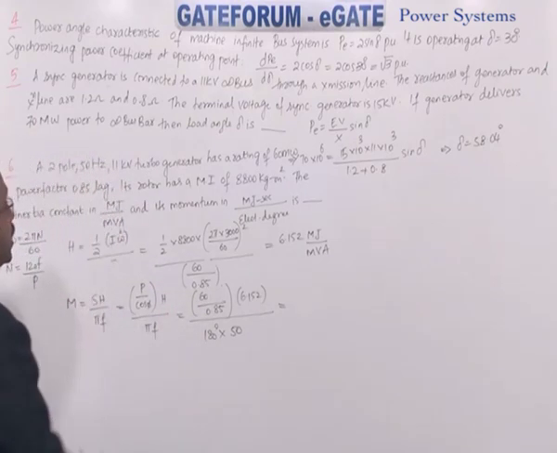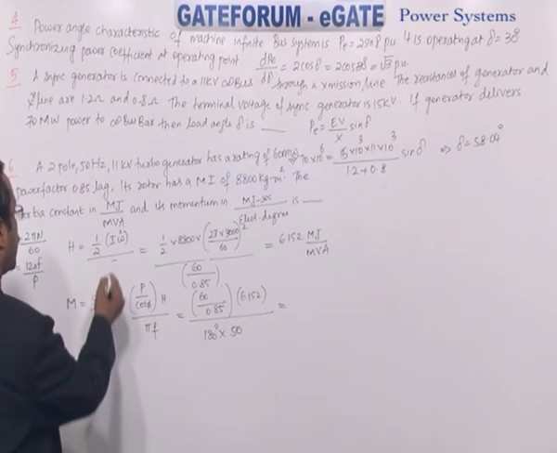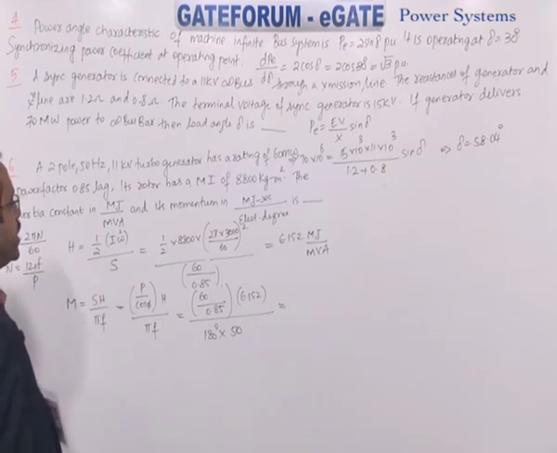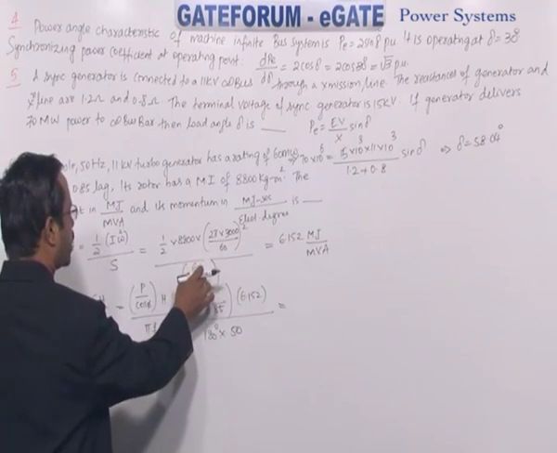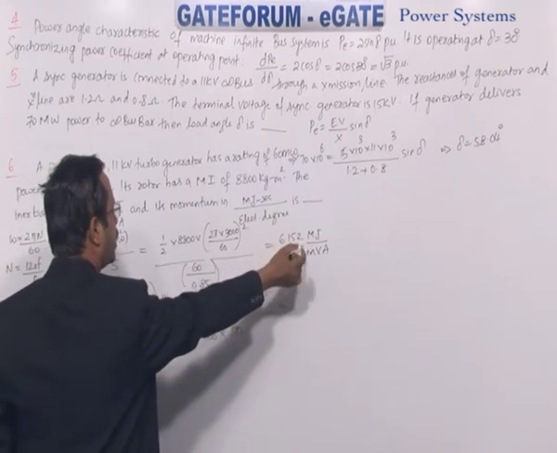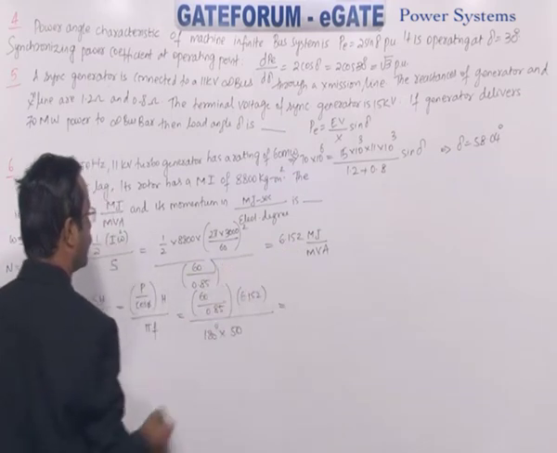So this is how you calculate the inertia constant H: half I omega square by S. S you write P by cos phi. Let it be in megawatts; divided by cos phi it will become MVA, so the denominator is in MVA.